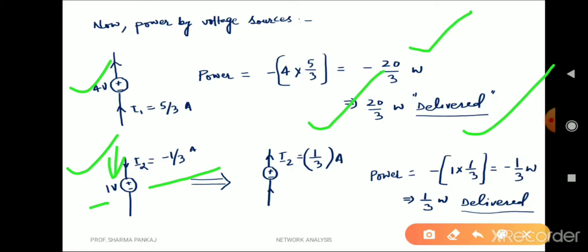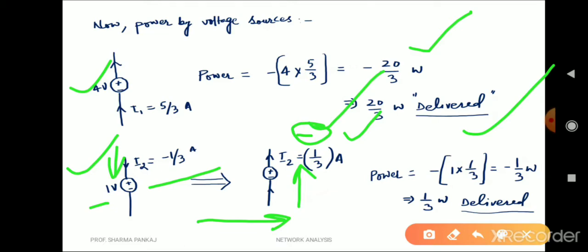So this can also be written as I2 is equal to 1 by 3 ampere, and what we have done here is just remove the minus sign and reverse the direction of flow of current I2.